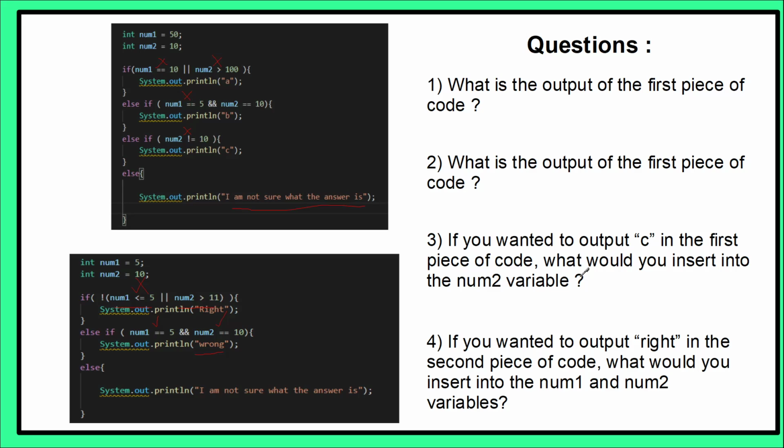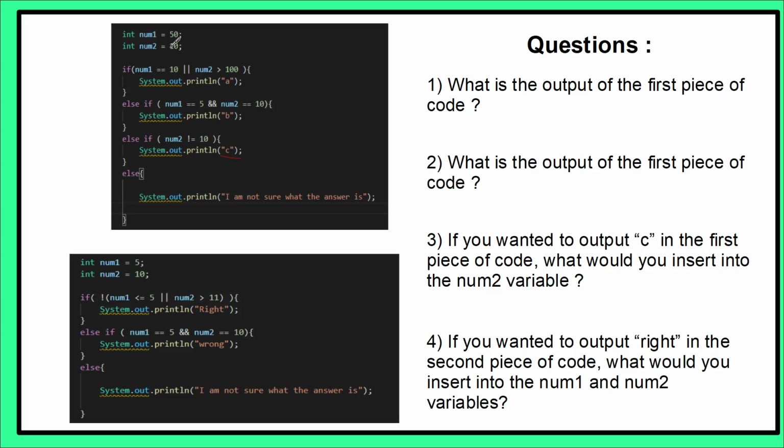So let's go to the third question. If you wanted to output C in the first piece of code, what would you insert into the number 2 variable? Okay, so if we get rid of all of the notes that we've made, the idea is number C, this is what we want to print out, and all we need to do is make sure it's not 10.